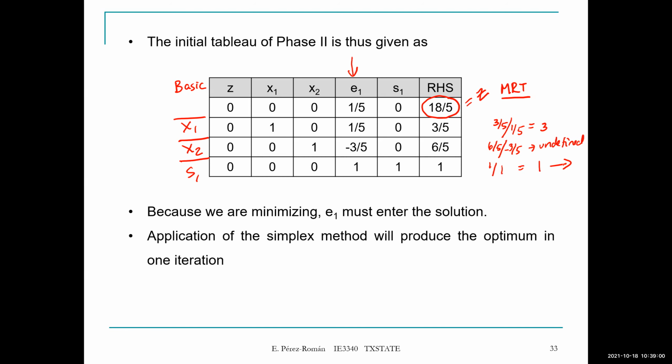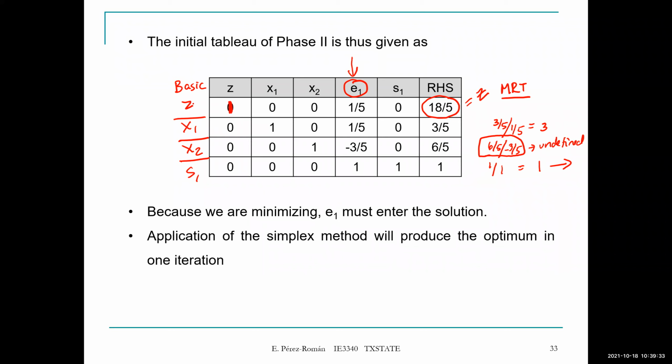So in our next iteration, we're going to enter E1. Row 2 is not. This minimum ratio test? Yeah, we can. Negative, non-zeros, yes. So say that again.